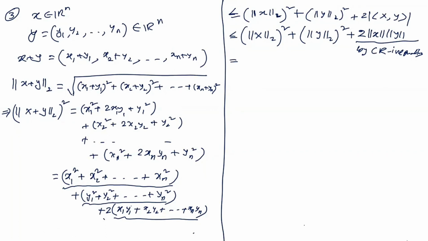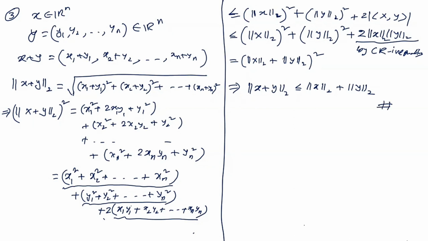So we can write this as the norm of x2 plus the norm of y2, whole square. Taking the square root, we get the norm of x plus y2 is less than or equal to the norm of x2 plus the norm of y2. So this completes that the norm of x2 is a norm on Rn.